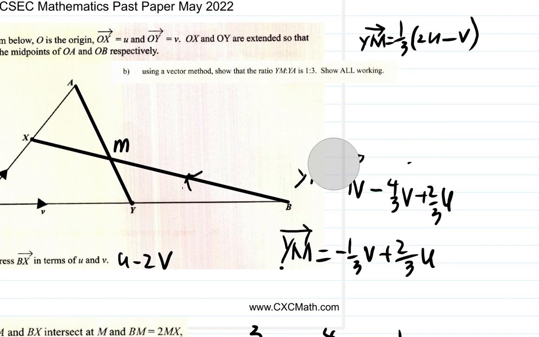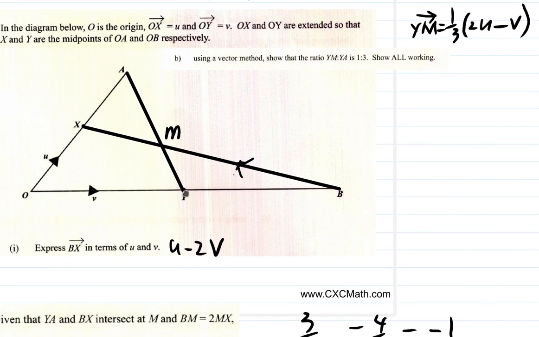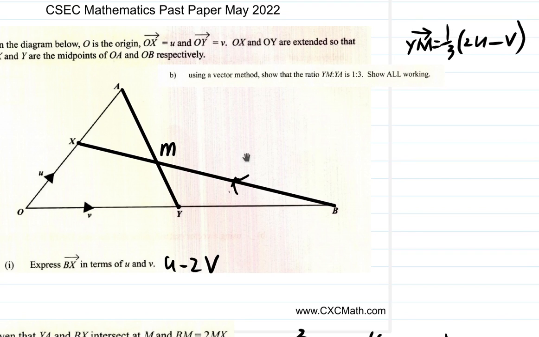So let's get rid of this writing to make space for what we're going to do after. So it says YM to YA now. You want YA. Remember, YA goes from here to here, right?